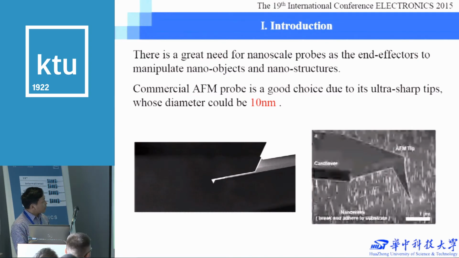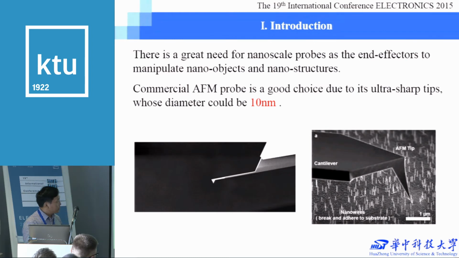And this white line is just the broken tip adhered to the substrate.